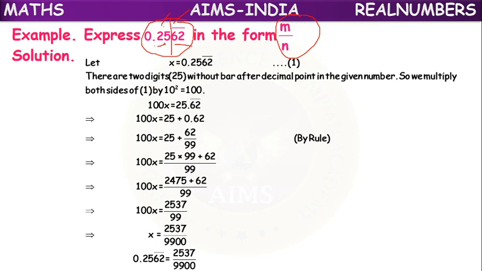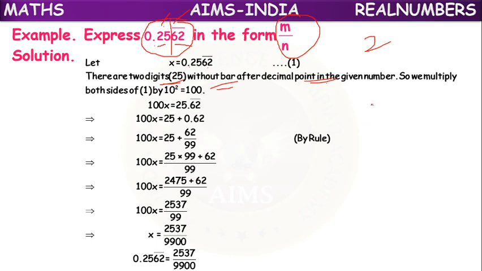How many parts are not repeating? Please be careful, children. In the previous method, we counted the number of digits repeating. But in this method, for these decimals, we have to count which are not repeating. So there are only 2 digits without bar, means without repetition, after the decimal point.